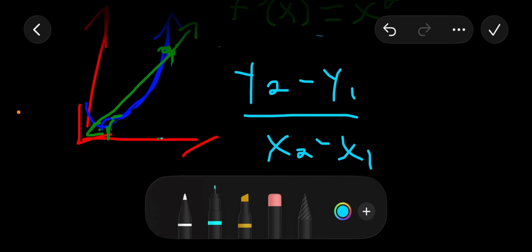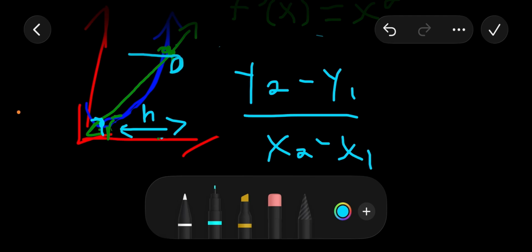Well, in this context, y1 is just f of x, because that's a rule in calculus. The output is always f of x. And then we could label this distance right here h. So this right here will be f of x plus h.